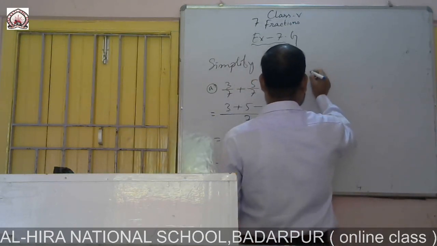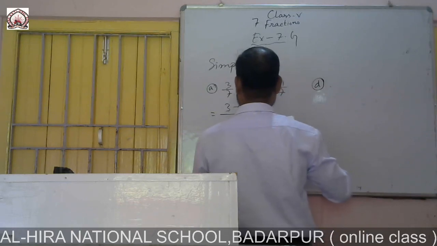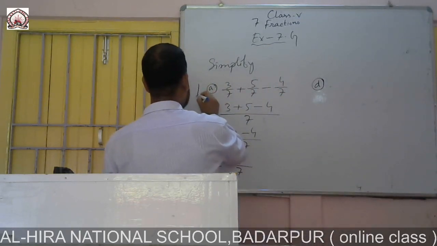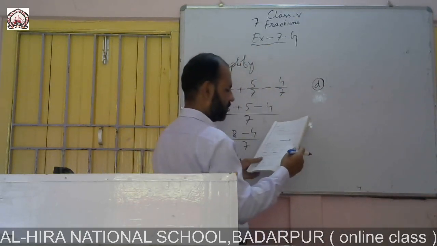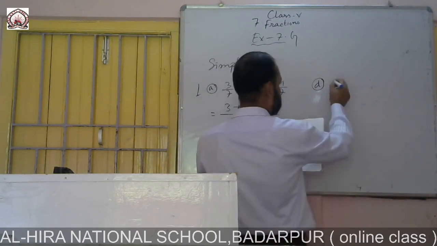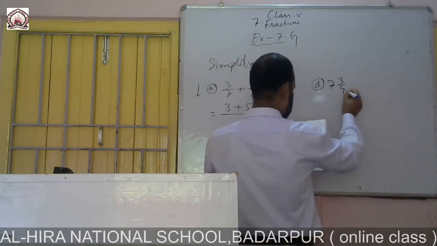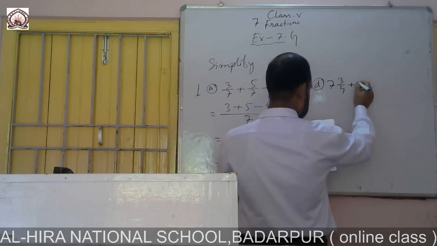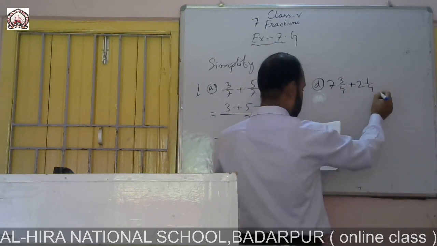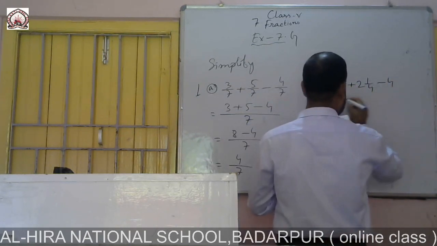Next, question number 1D. 7 and 3 by 4 plus 2 and 1 by 4 minus 4.